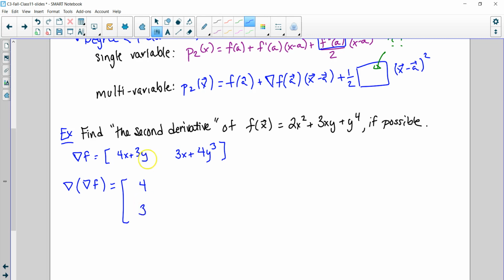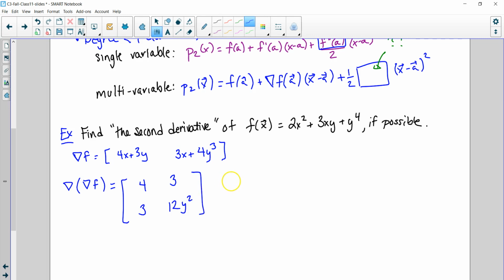Then with the second function I also need to differentiate with respect to y, which is going to be 3 in the first component, and in the second component I'm going to get 12y squared. So here I end up with a 2 by 2 matrix.